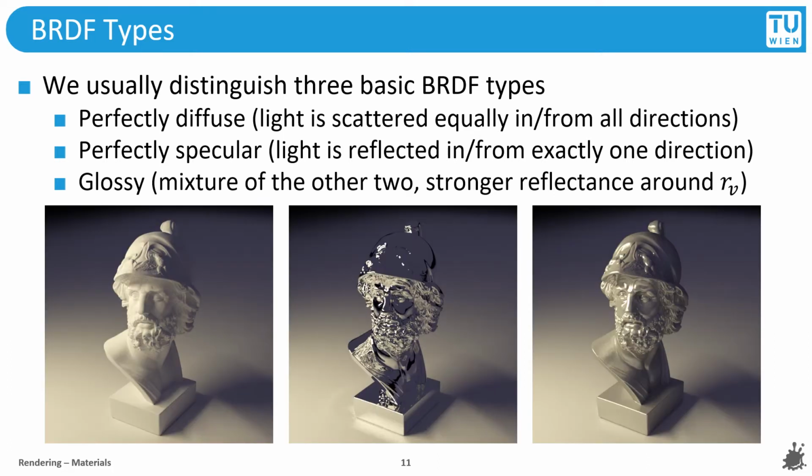Here we have three example renderings that we saw before of the HX bust, just to repeat them here. One with a perfectly diffuse BRDF, one with a perfectly specular BRDF, that is a mirror surface, and one with a glossy BRDF. And we can easily see the differences in their light distribution properties.